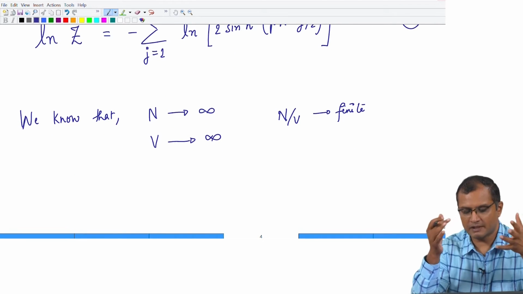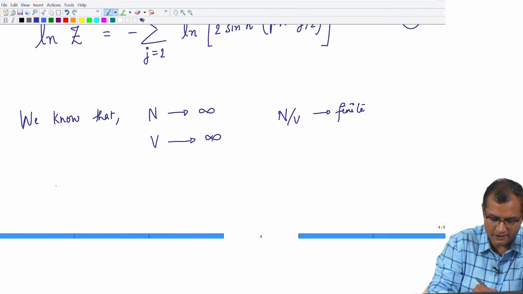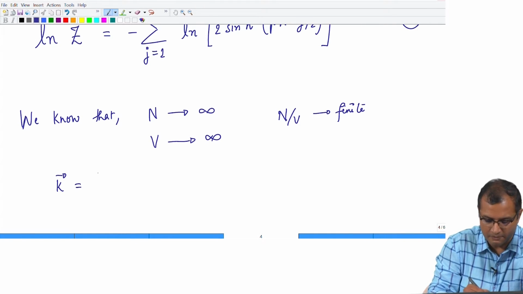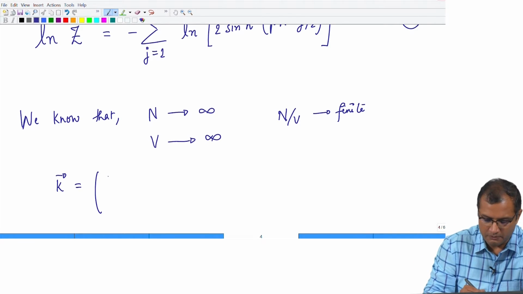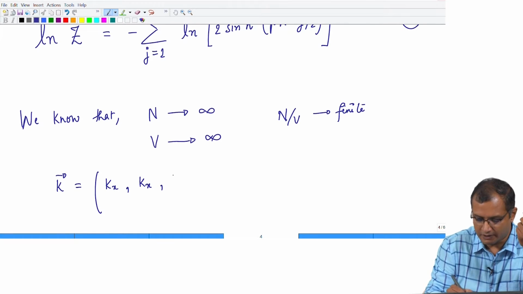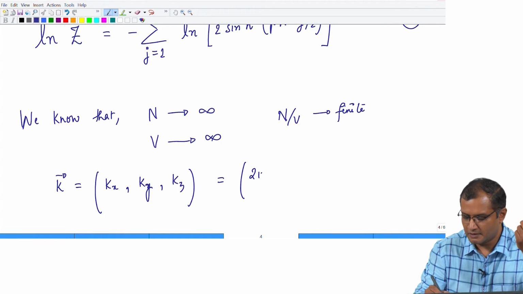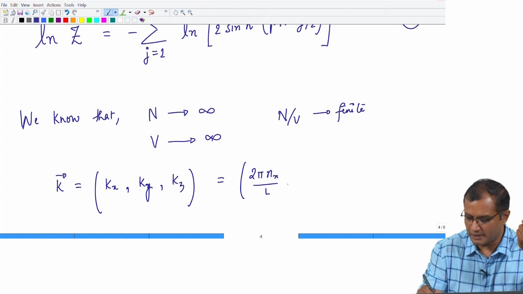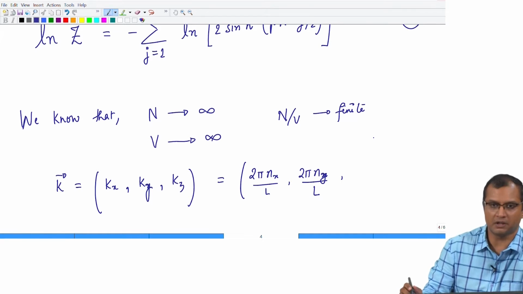In this limit, you can think of your wave vectors as tightly spaced in the box, in the sense that any wave vector k for your system is a collection of components, which I can call 2 pi nx over L, 2 pi ny over L, assuming you have a cubic box.